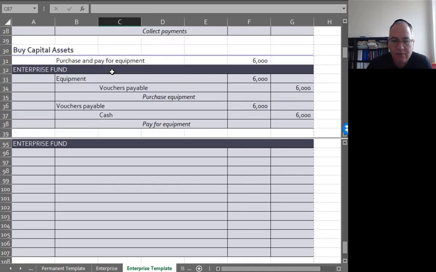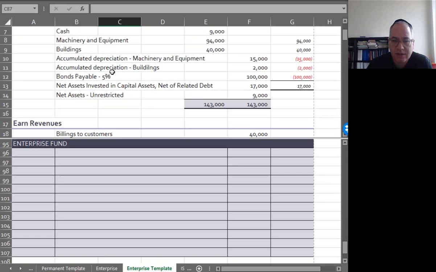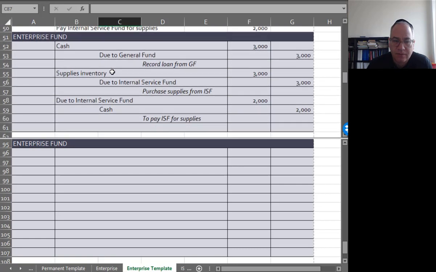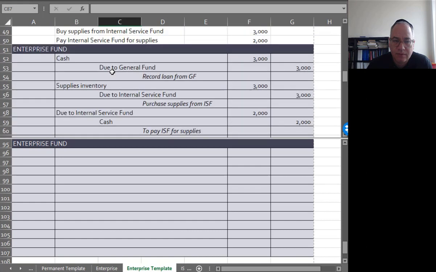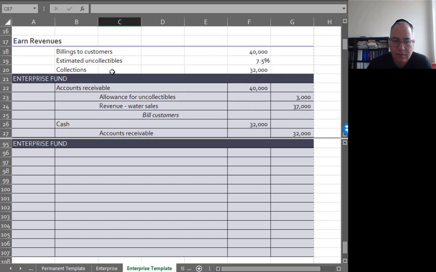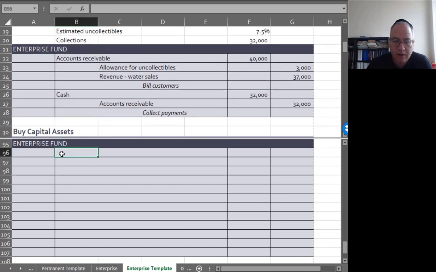I've got revenue. See, this is the opening trial balance, so there's nothing to close there. Take our revenue from water sales. We don't get into delinquent versus non-delinquent accounts receivable here.